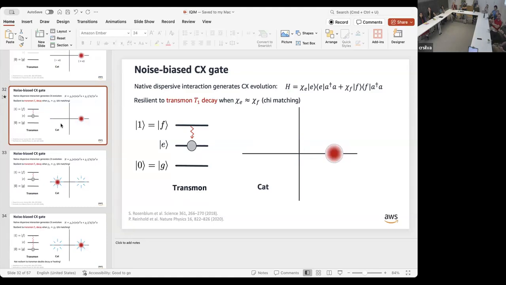So heating has a first order effect, but the time of heating is much bigger than T1, because it's a thermal population factor, and at our temperature the thermal population is less than 1%. It's consistent with the heating rate that we see.